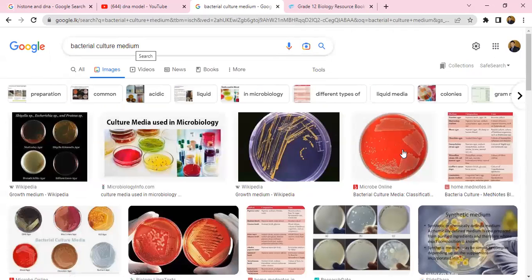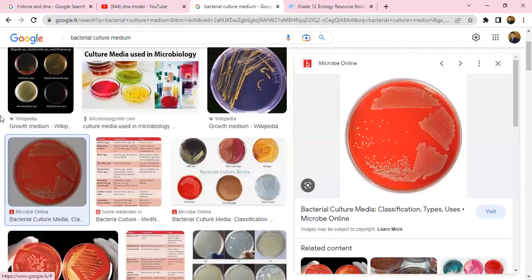Now, in this picture, can you see the bacteria has grown? Yes, sir. In this medium, if you have mixed some amount of streptomycin or chloramphenicol, bacteria will not grow. Understood?